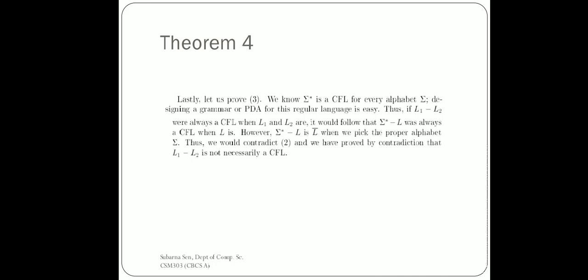So if we can find that L1 minus L2 is a CFL, then obviously both L1 and L2 should be CFL. And if we find any language which we can discard from sigma star, then it will become a CFL, because both L1 and L2 are CFL. And if this follows, then for the original language L, we have to subtract it from sigma star only.